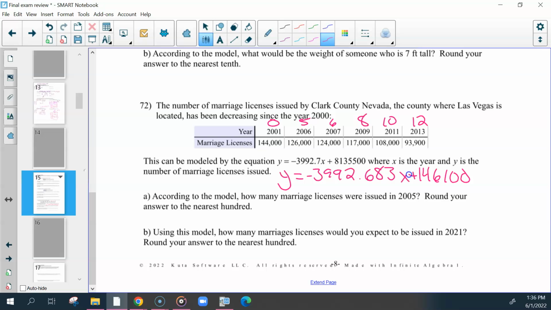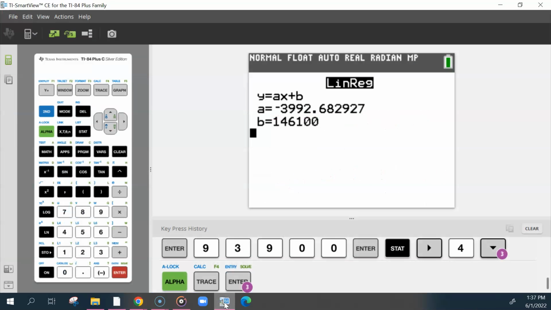So then for part A, we're looking for how many marriage licenses were issued in 2005. So 2005 was 4 years after the original year. So we're going to put that into our calculator and make our calculator do the work.